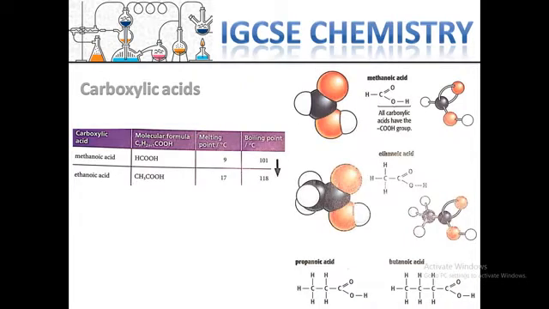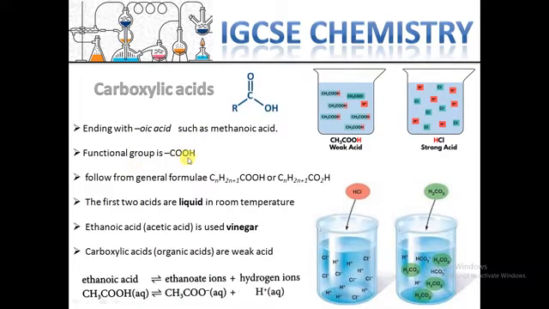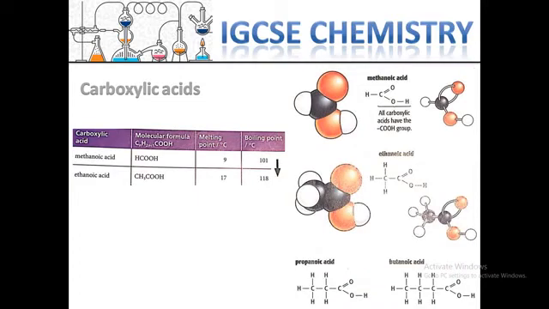On the next slide, we are going to look at some chemical properties of methanoic acid and ethanoic acid. Methanoic acid has a methane part, but also the functional group COOH, the functional group of carboxylic acid. And the second one is ethanoic acid.